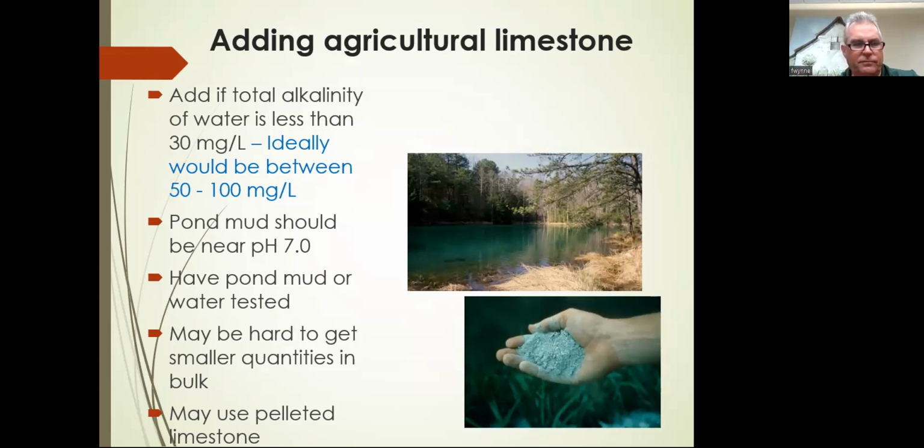This will also help stimulate the kind of plant growth we want, mostly in the form of plankton that will feed the food system of the pond, and not necessarily filamentous algae or an abundance of aquatic plants, which really won't stimulate fish production. We want to make sure that nutrients are available from the pond muds into the pond water, but we want to make sure there's not too much nutrient.